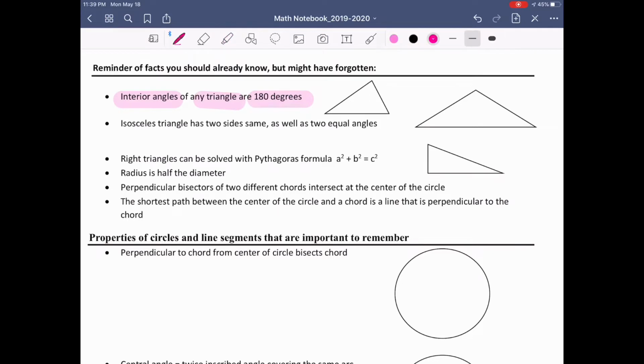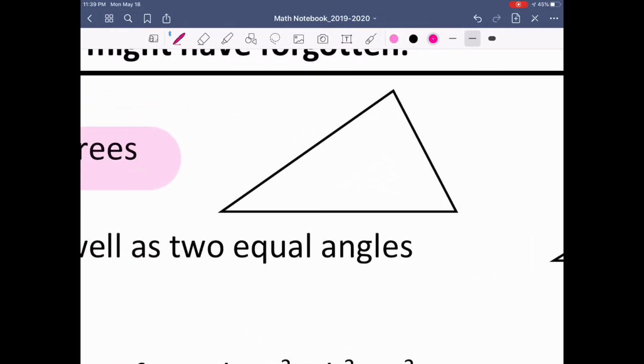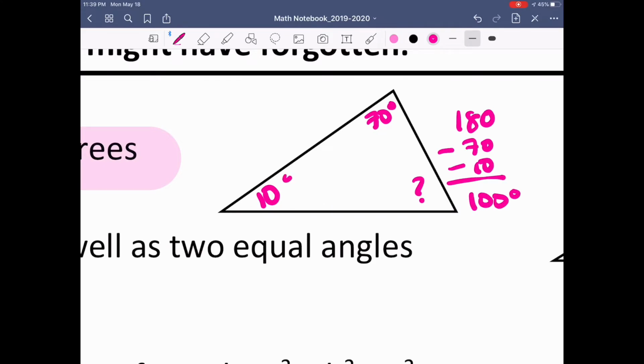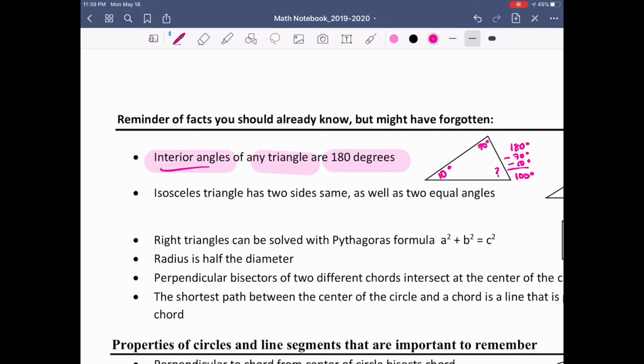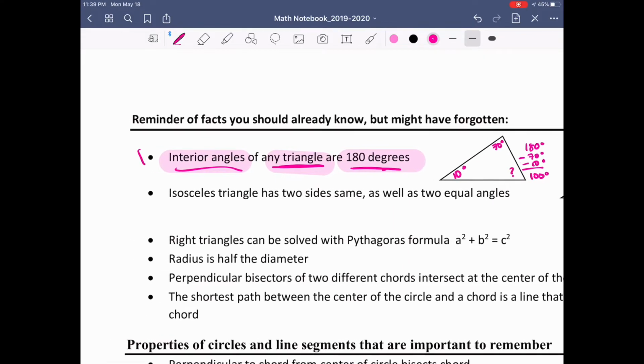So if I give you, let's say I give you this angle is 70, this angle is 10, and I ask you what this angle is, you would know that it's 180 minus 70 minus 10, which is 100 degrees, okay? So you need to know that all the interior angles of any triangle add up to 180 degrees. This is an important rule, and you're going to be using it very often.